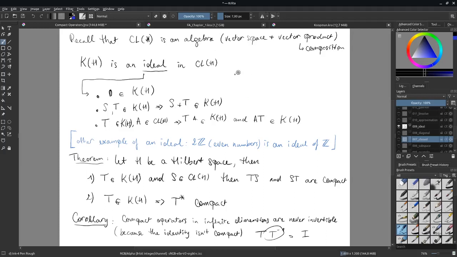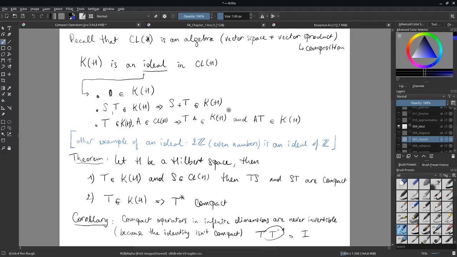So algebraically, we can say that the set of compact operators K(H) is what's called an ideal of CL(H). The ideal means here that first of all, the zero operator is in K(H). We've already shown that. Same for the sum of any two compact operators.